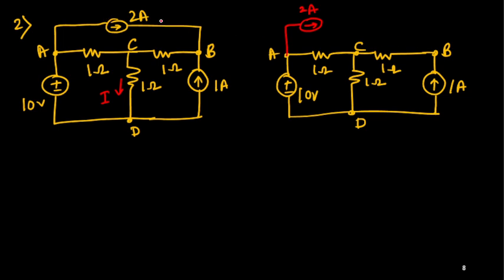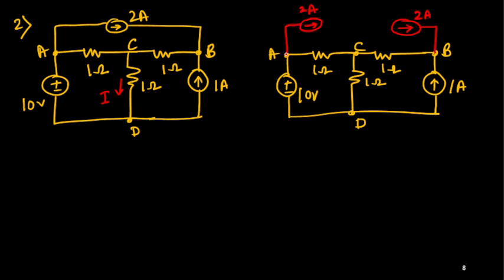And again, this 2 ampere current should enter node B. So I need one more branch here where 2 ampere current should be coming in. So here, if I consider one current source separately, it's 2 ampere. Then this side is fine.